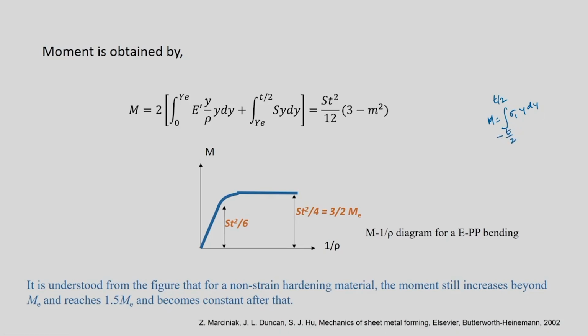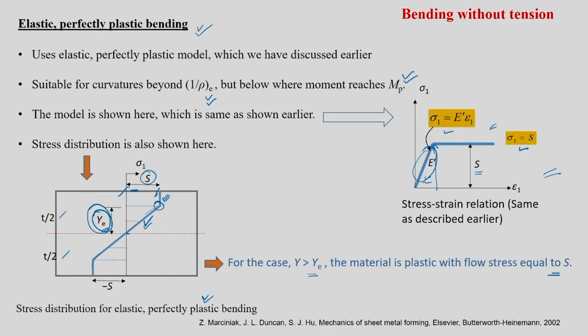Now here what we are going to do is, if you want to get the moment, we are going to divide that into two parts. One is from the mid to where the transition happens, that is ye, and from ye to the uppermost layer, that is your T by 2. This is the way we are going to divide this.